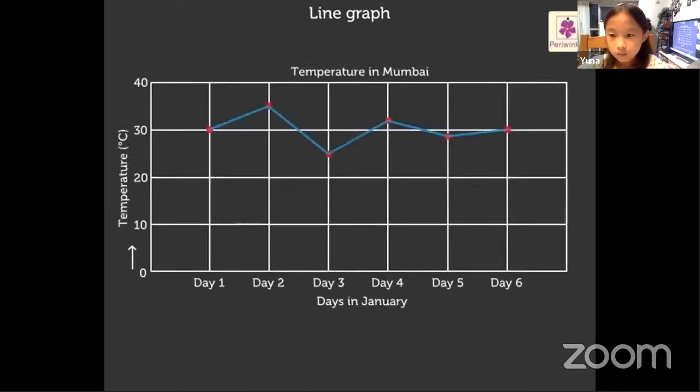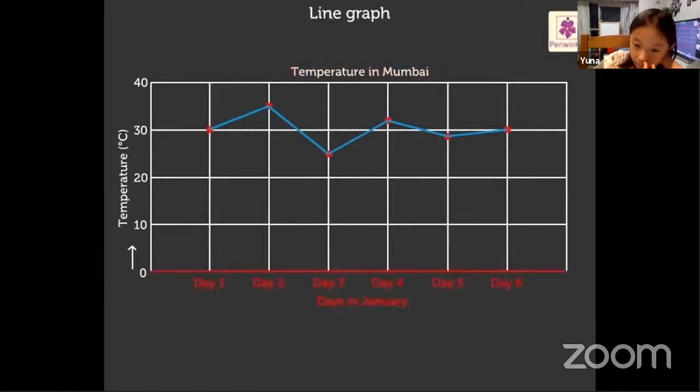Now, let us learn how to read a line graph. This line graph shows the temperature recorded for the first 6 days in the month of January. Here, the title Temperature in Mumbai tells us that the line graph is about the temperature in Mumbai recorded for the first 6 days in the month of January.